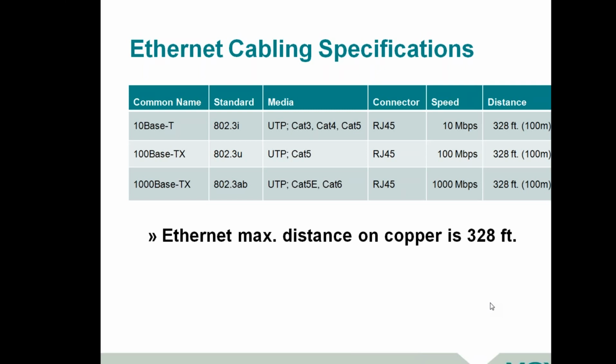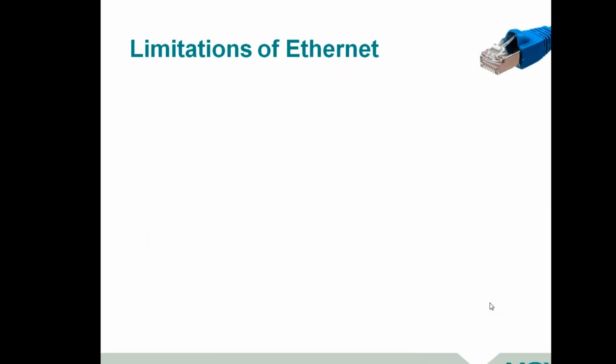This is just a little summary: Cat5 cable, it was not a trick question. You'll find that whether you're running 100 megabit Ethernet or even gigabit, it's still the same limitation, about 328 feet or 100 meters.